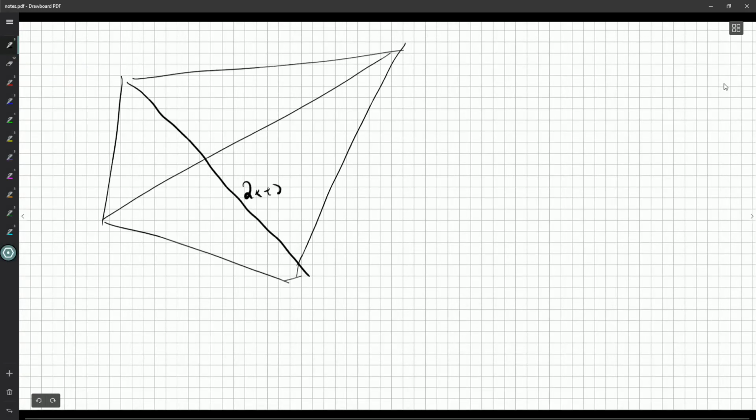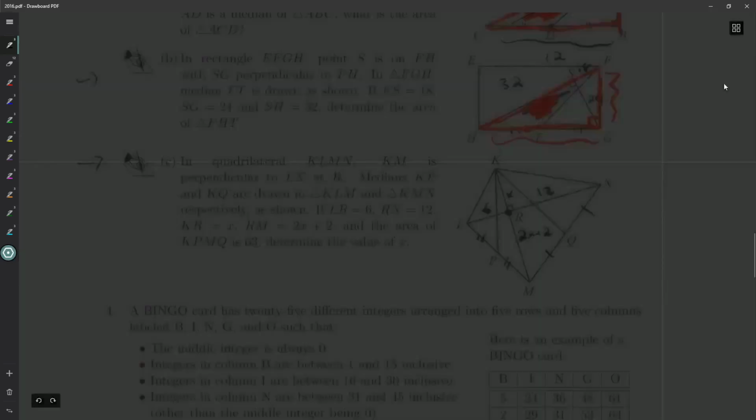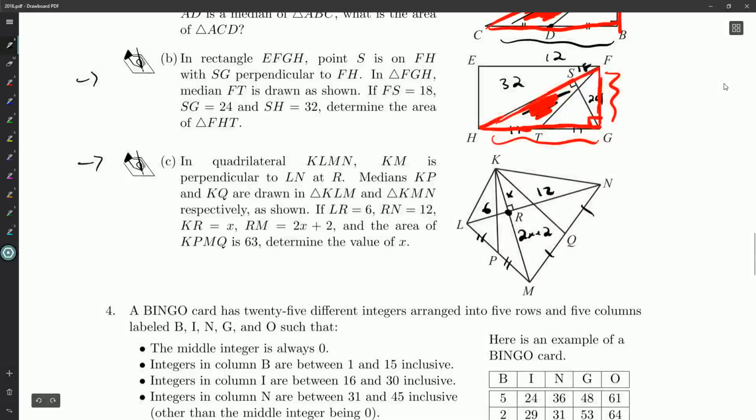Alright, so 2x plus 2. Now we've got a nice little right angle here. I think that's going to be an important thing to start with. 6 and 12. I'll add in the medians later, because right away I see a way to calculate the area and equate it with x.